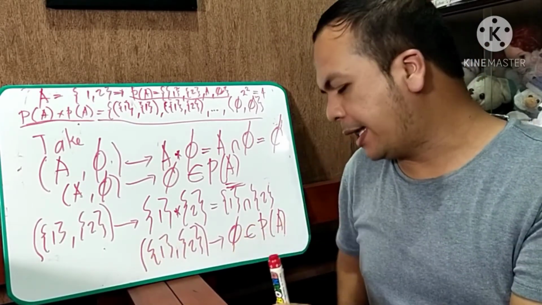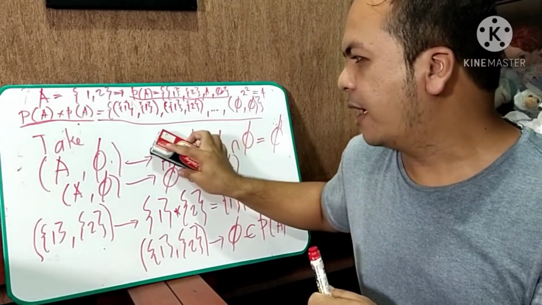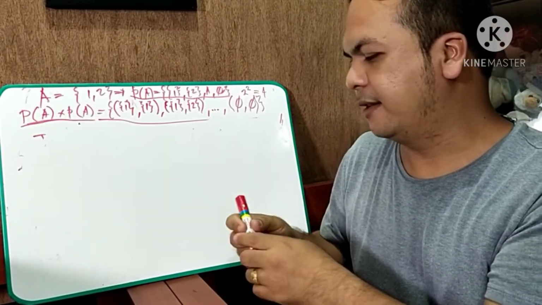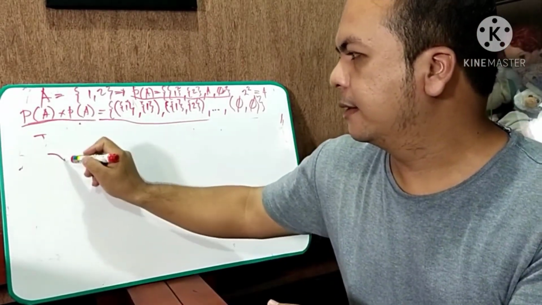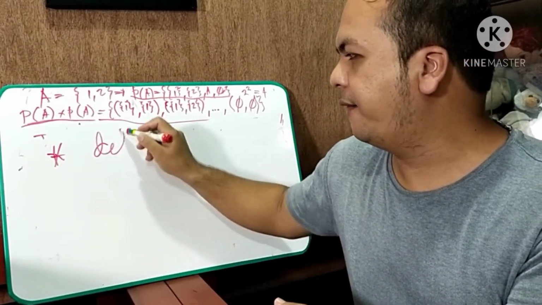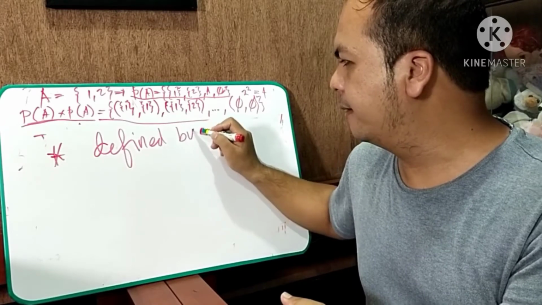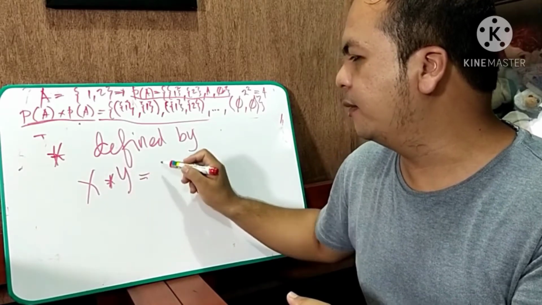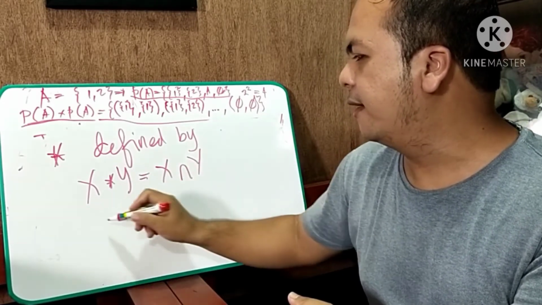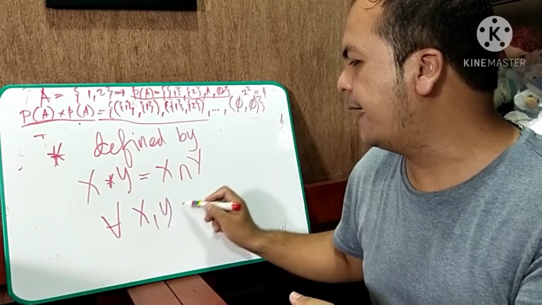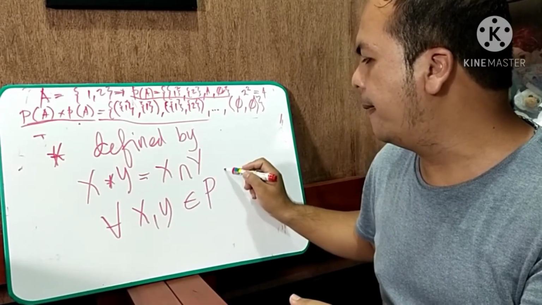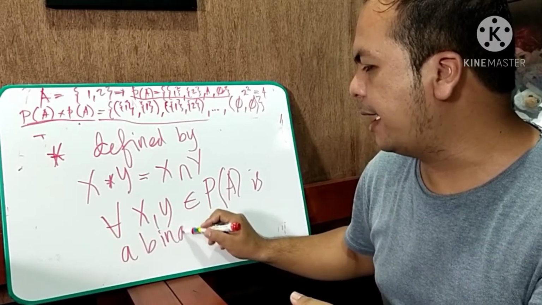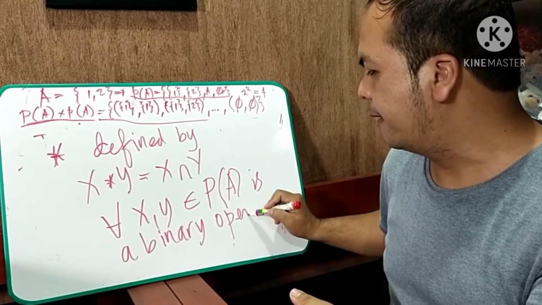Okay na yan. Para masabi natin, so ang conclusion natin ay this operation star defined by x star y is equal to x intersection y for all x, y elements of the power set of A is a binary operation.